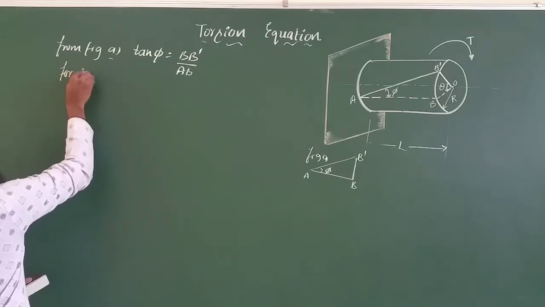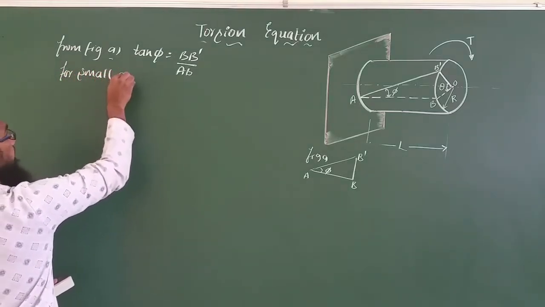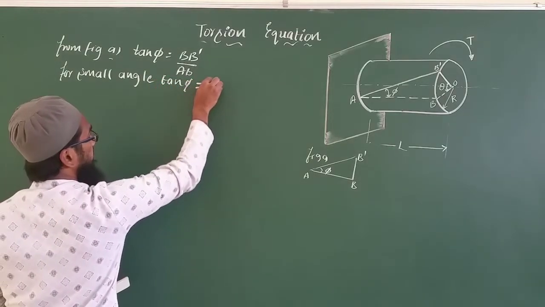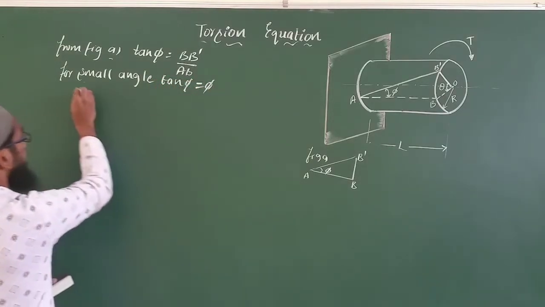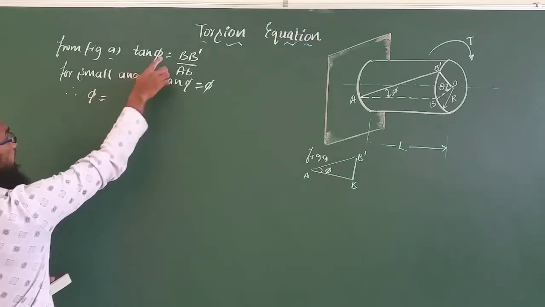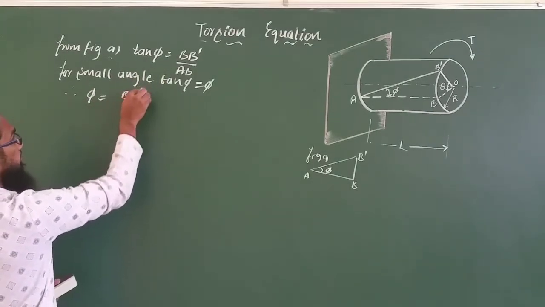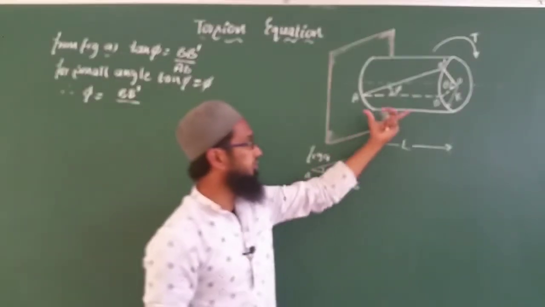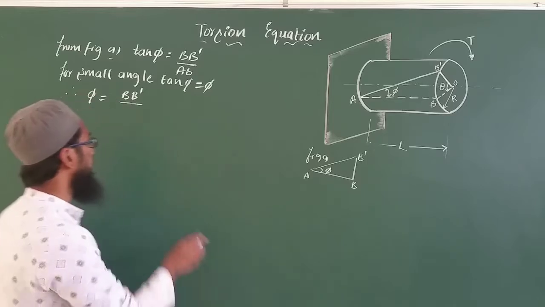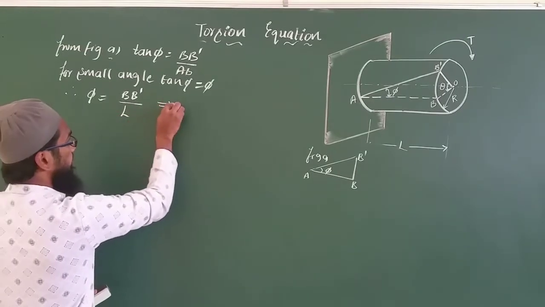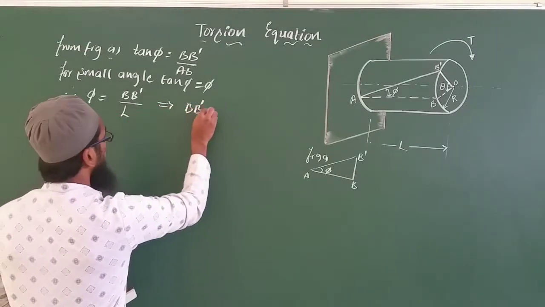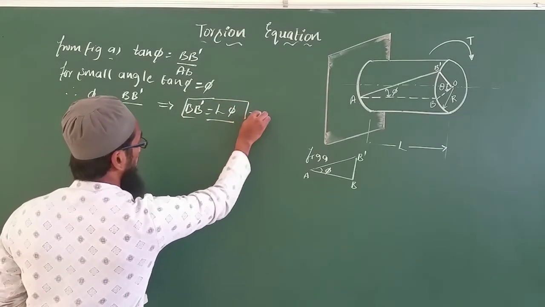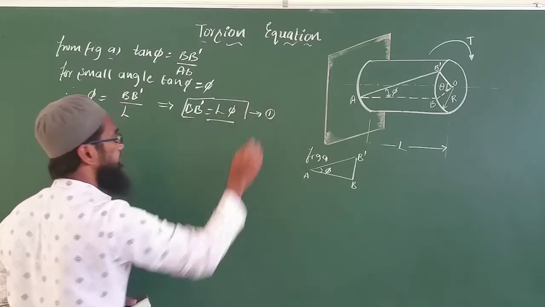Therefore phi equals BB dash by AB, and AB is nothing but the length of the shaft, L. Now I can write BB dash equals L into phi. I will take this as equation 1.